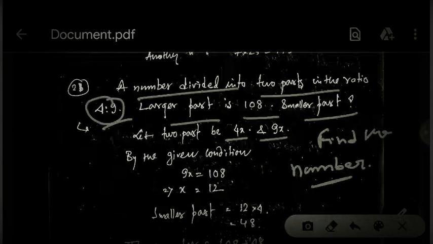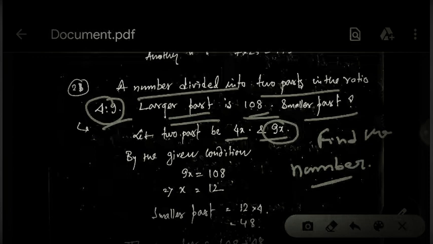Now by the given condition, the larger part is 108. Here the larger part is 9x, because x is a certain variable multiplied with both 4 and 9, so the inequality is never violated.